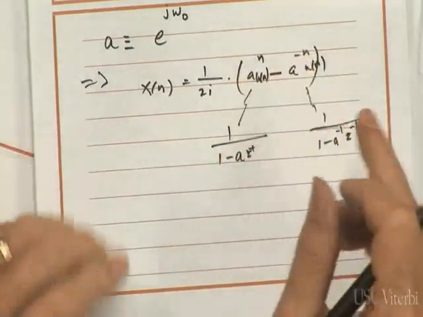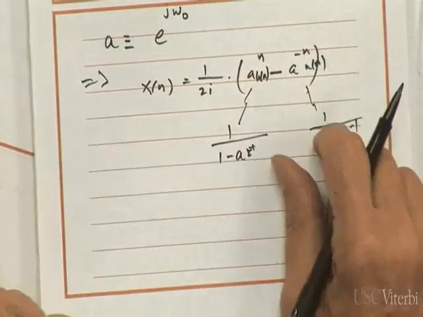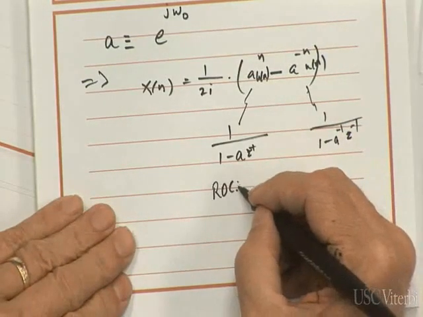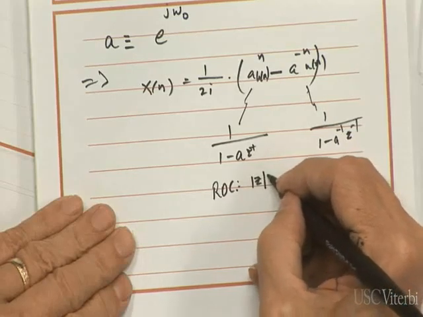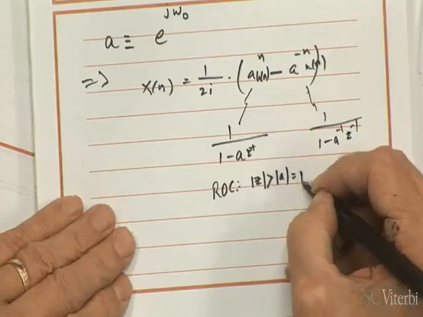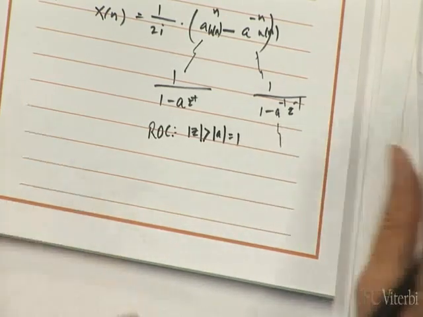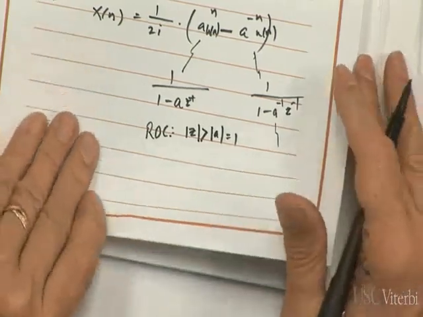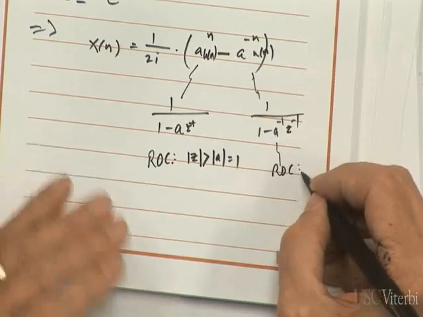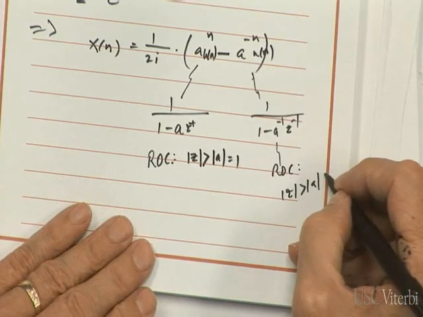Since these are both right-sided sequences, the ROC for this one is the set of all z greater than the magnitude of a, which is equal to 1. Sorry about this, it's the same thing: magnitude of z greater than magnitude of a equal to 1.